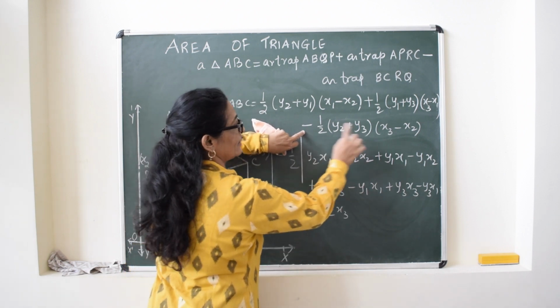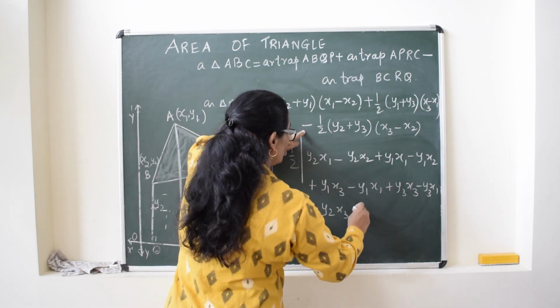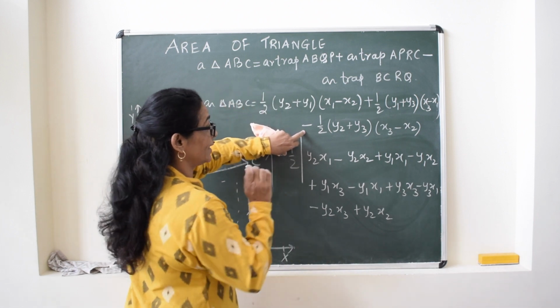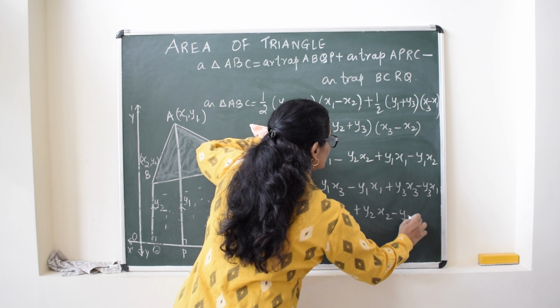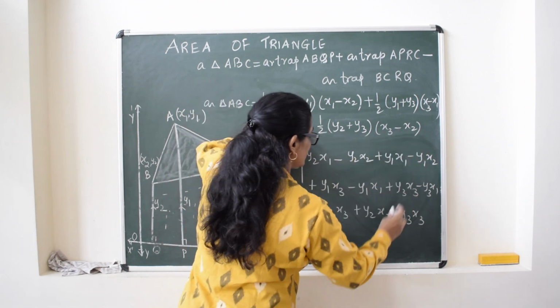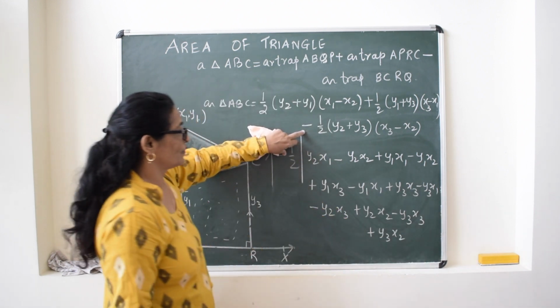This minus sign and this minus sign will be plus, so y2 into x2. Then after this, y3 into x3 but minus sign, so y3 x3, and last is minus and minus, this will be plus y3 x2.